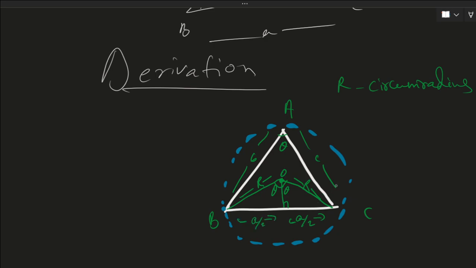So we can do sine theta here, and you get sine theta is A by 2R. So you get 2R is A by sine theta.